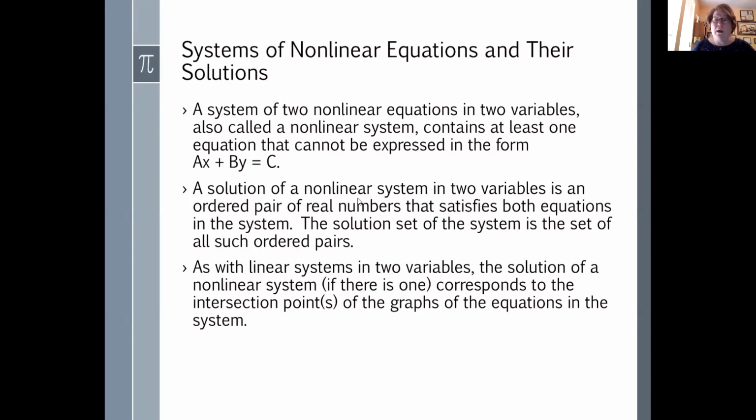So if you have a nonlinear equation, such as a parabola or a circle or an ellipse, you could intersect in more than one point. For example, if you have a parabola and a line, I'm just going to draw a parabola. And I have a line, I could actually intersect in more than one place. So you can have more than one ordered pair as a solution.